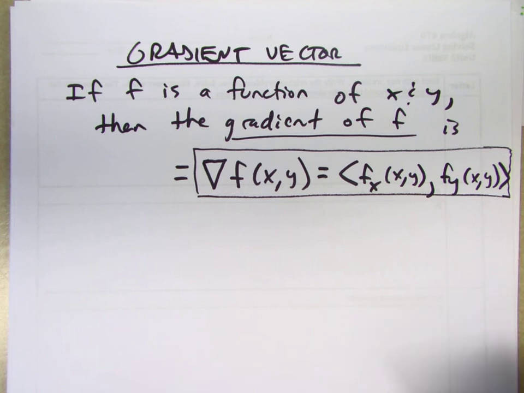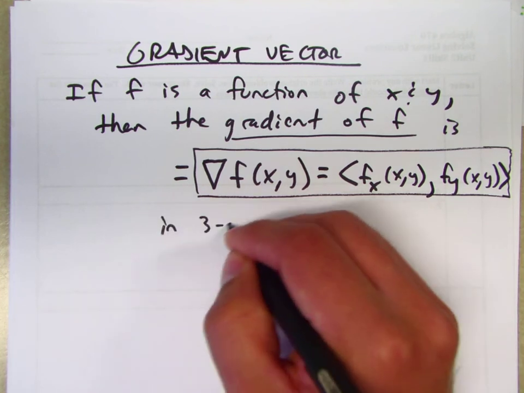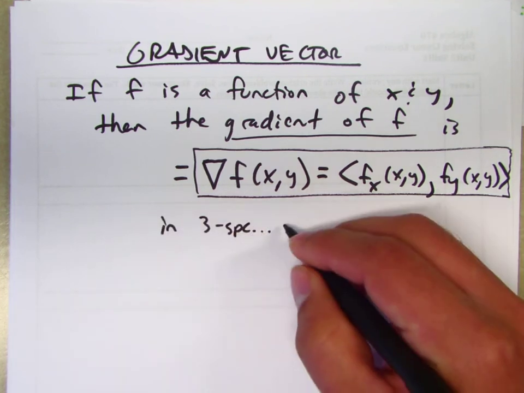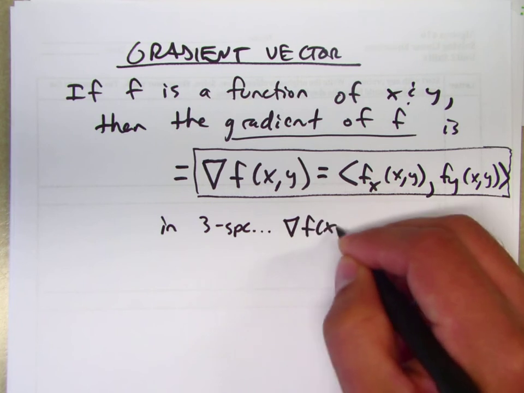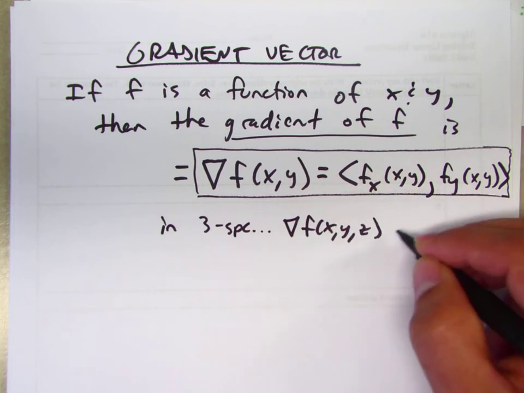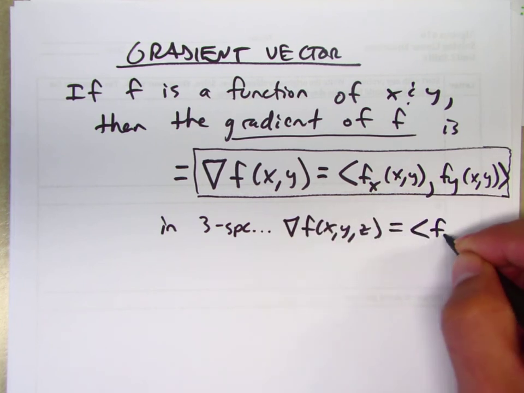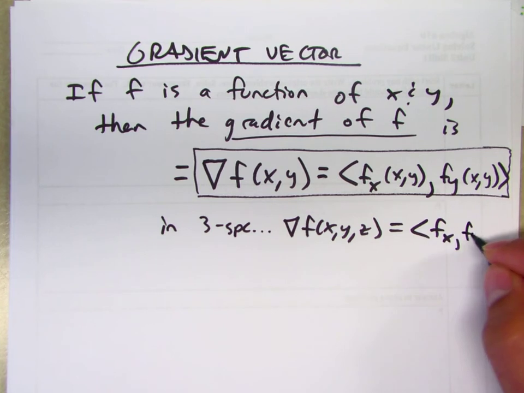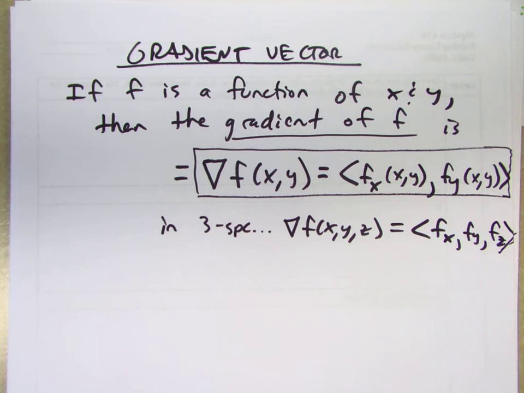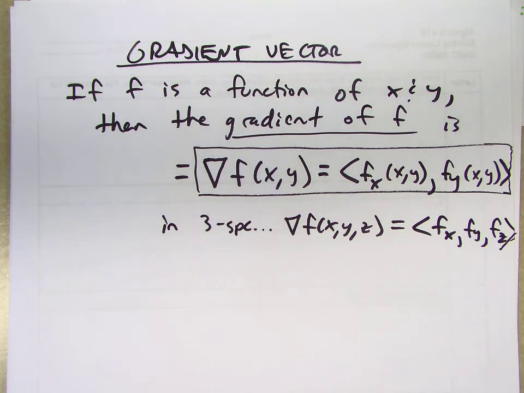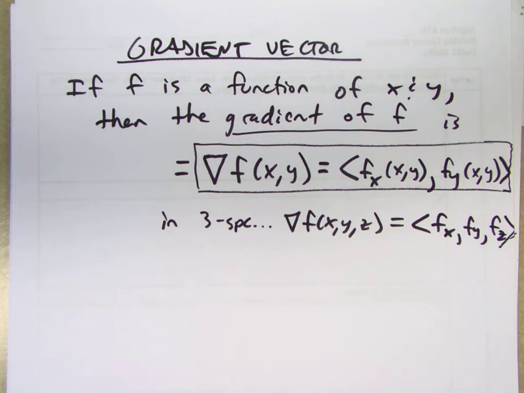And then obviously in 3 dimensions, similar, right? The gradient of f of x, y, z, I'll just go short notation here: partial x, partial y, partial z. Okay. So now we're not just doing this for this reason, but it's an important one to note here.